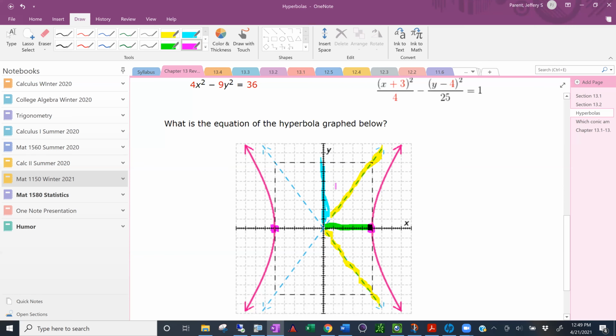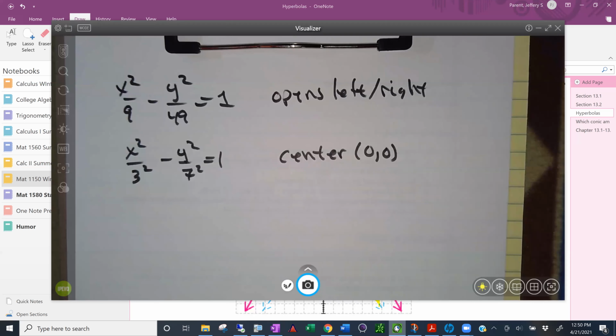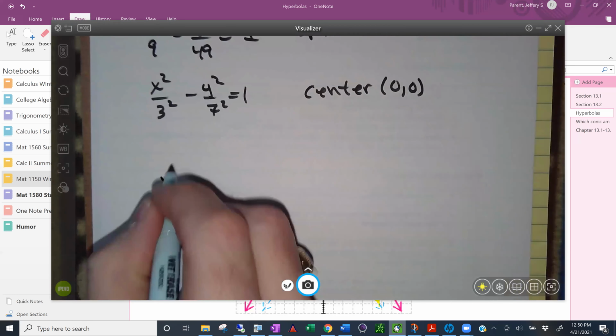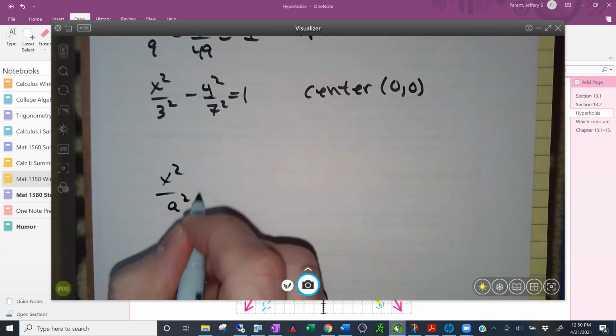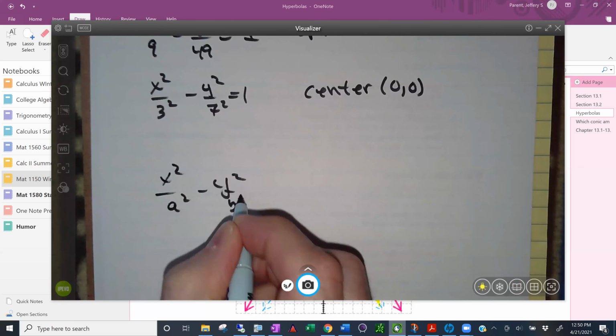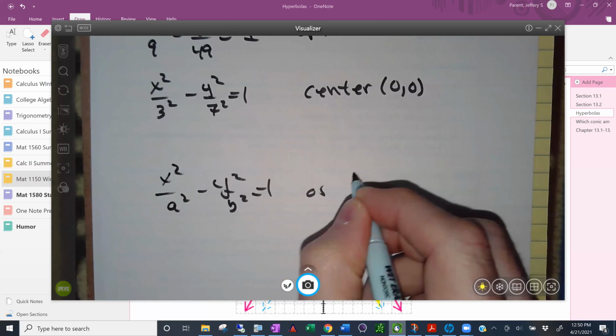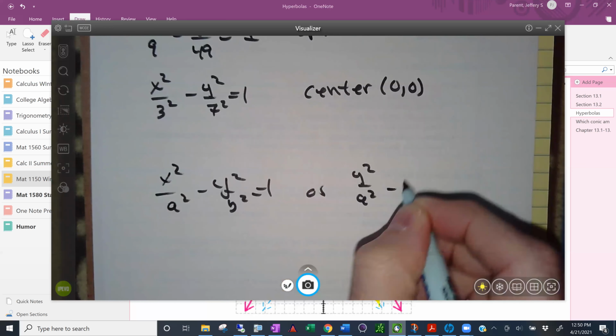First things first with this one. Is it going to be an x squared term first or a y squared term? Which one's going to be the positive term in this? So in other words, should it be something like this, x squared over a squared minus y squared over b squared, or y squared over a squared minus x squared over b squared?